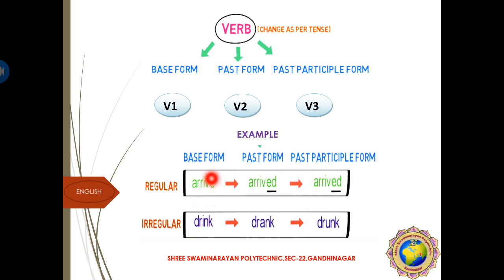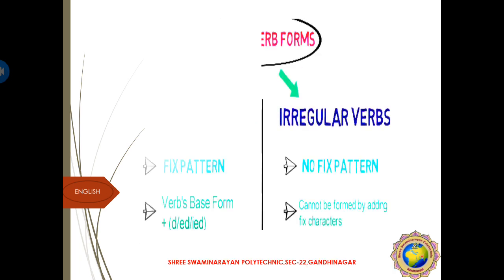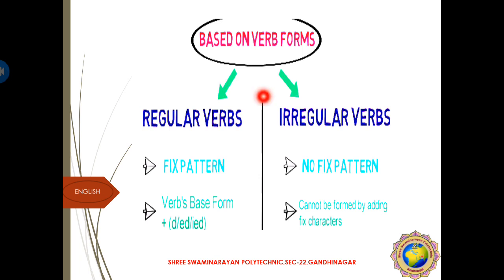So a question arises: what is the meaning of regular verb and what is the meaning of irregular verb? Let's discuss the regular verb and irregular verb. Based on the verb form, there are 2 types, regular verb and irregular verb. In a regular verb, there is a fixed pattern. It means we only add d, ed or ied after the base form of the verb.